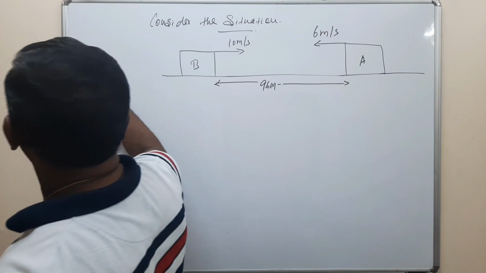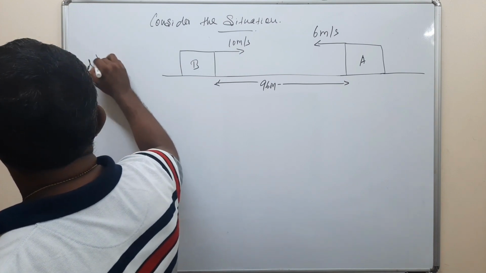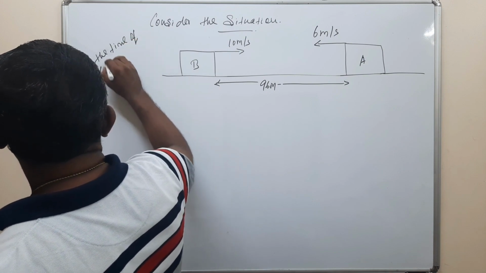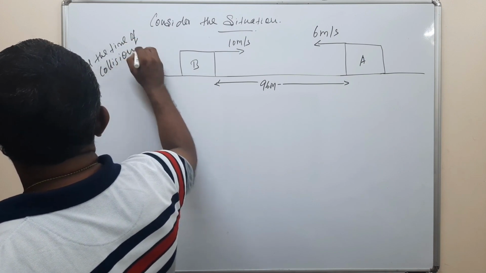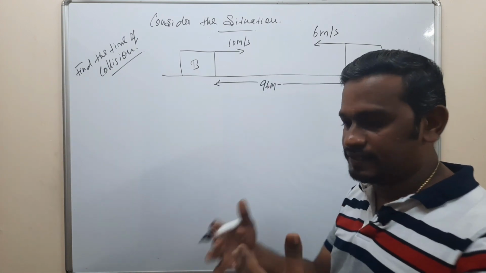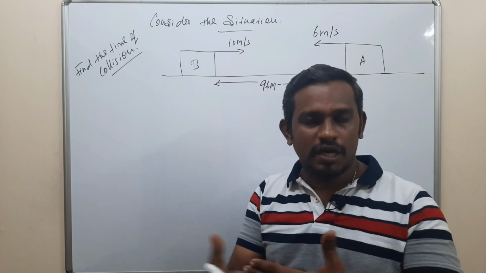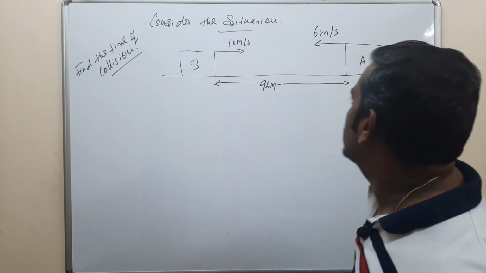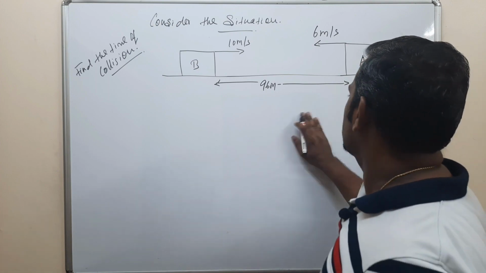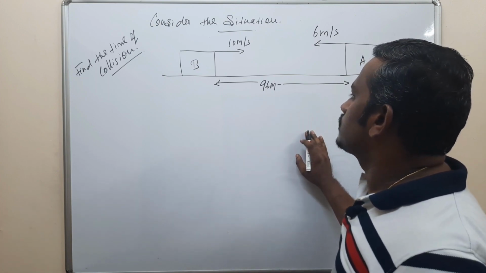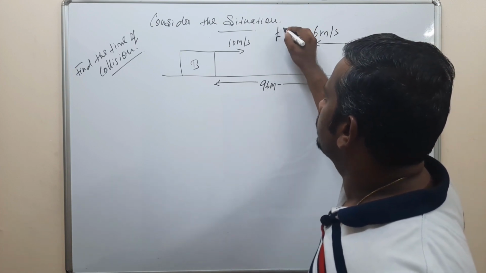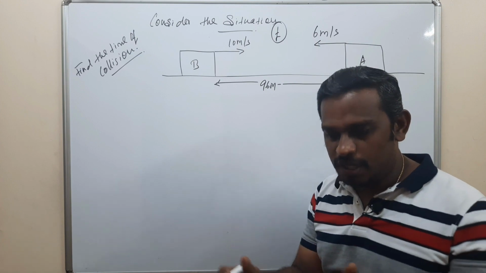So we have to find at what time the two cars will collide with each other. In this case also, after time t the two cars will collide with each other.